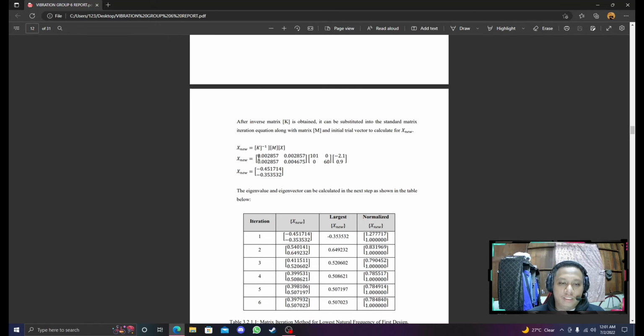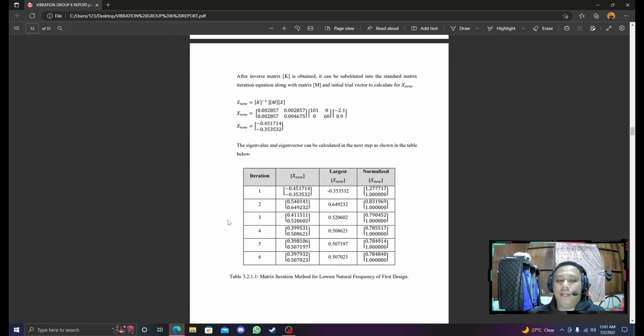And you will get 0.002857, 0.002857, 0.002857, and 0.008675, times 101, 0, 0, and 60, times negative 2.1, 0.9. X new equals negative 0.451714 and negative 0.353532. The eigenvalue and eigenvector can be calculated in the next step as shown in the table below.